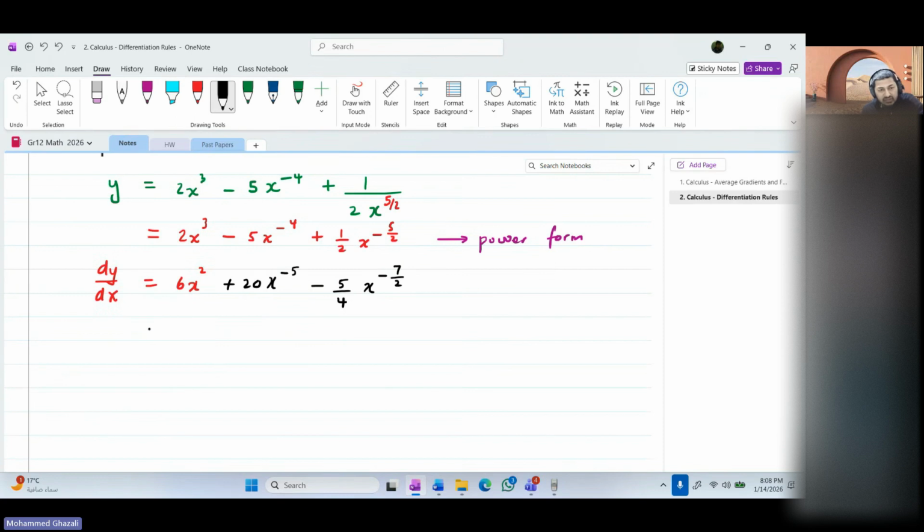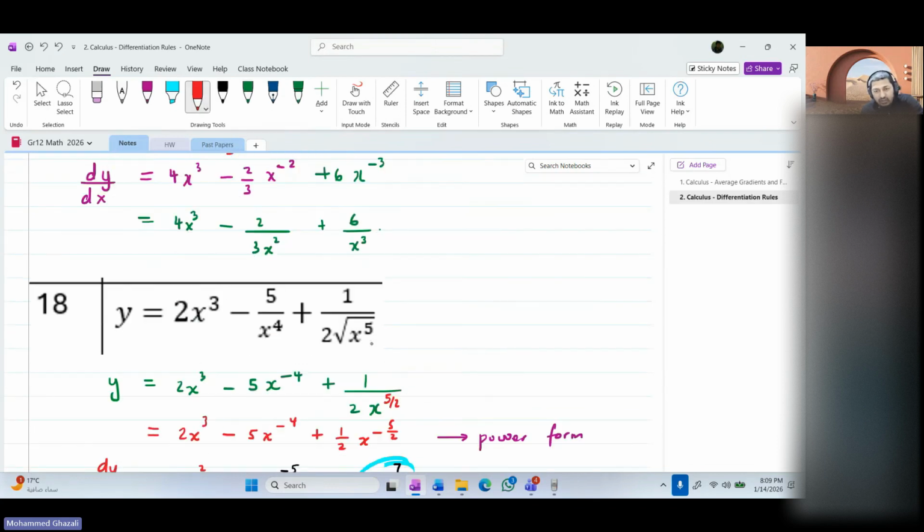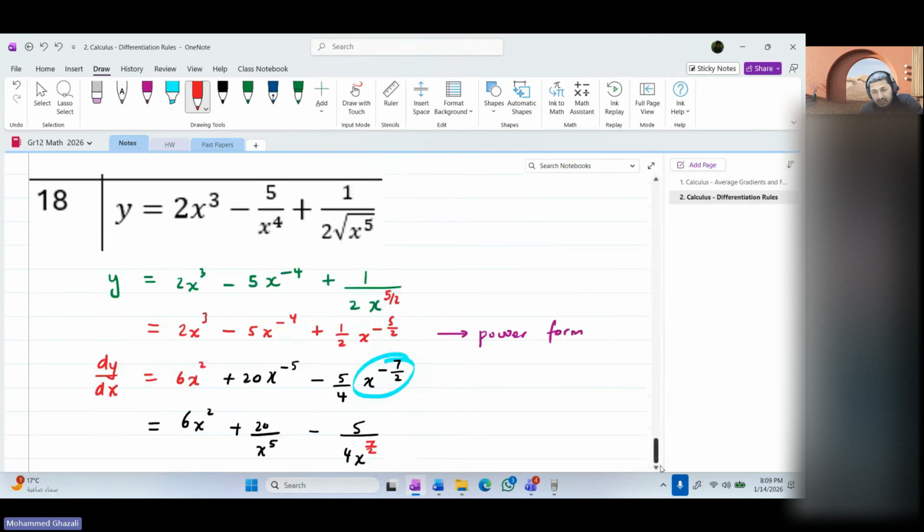Right, now continue with this. 6x squared plus 20 over x to the power 5 minus 5 over 4 x to the power, remember, we're putting this in positive exponent. It's a negative exponent, put it back down, 7 over 2. If you want to write it in a better form, like the original question, in radicals, you can do that as well.